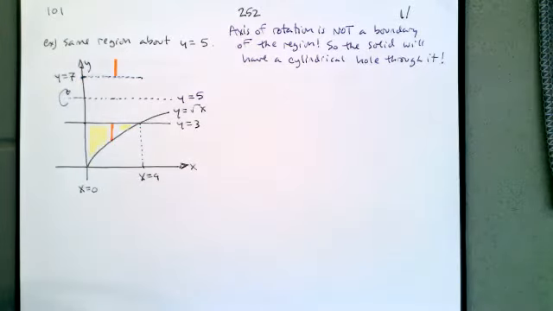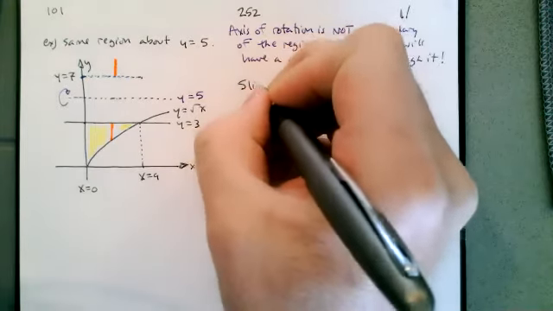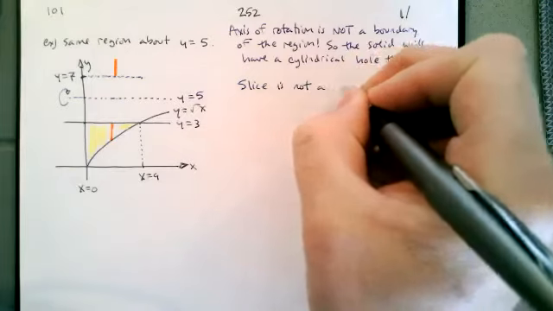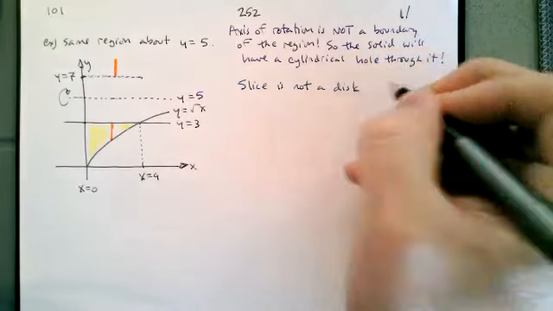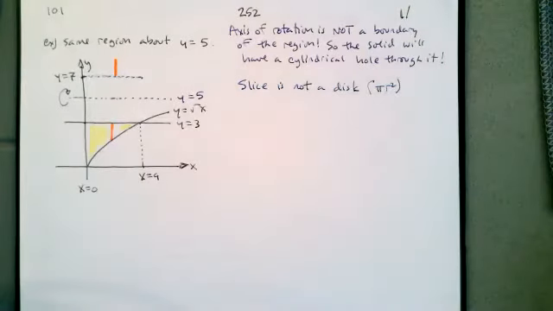So when we go to find the area, the slice that we're getting is not a solid disk. The shape of the slice now is that of a washer. So the slice is not a disk with a pi r squared area.